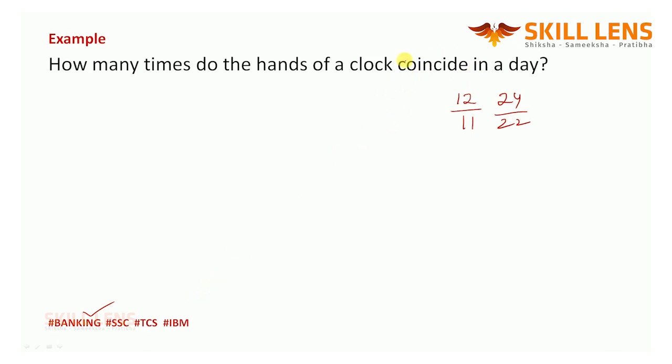Guys, please read the question carefully. In place of 1 day, he may ask you 2 days also. You have to be careful. In 24 hours, 22 times. In 2 days, which means 48 hours, you have to multiply by 2. Then your answer will become 44. Please take care when you are solving the questions. Hope everybody understood this question.